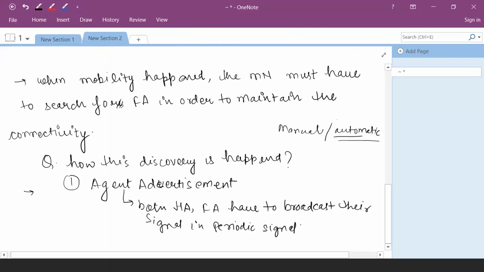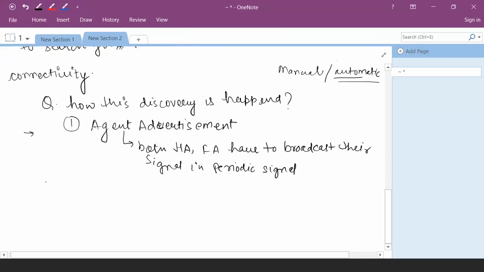By capturing the signal, your mobile node gets a listing of different services.